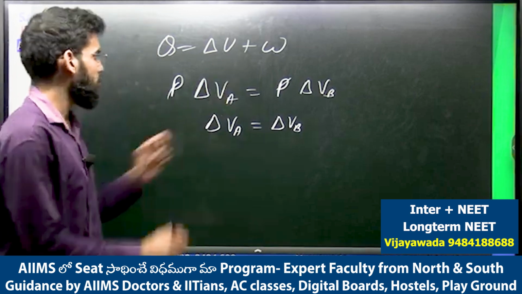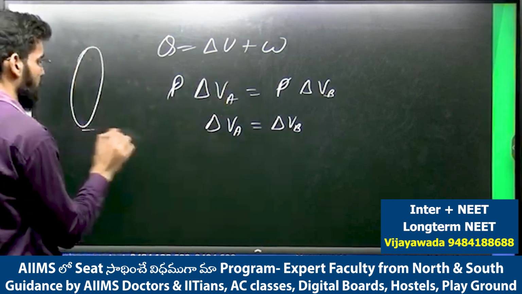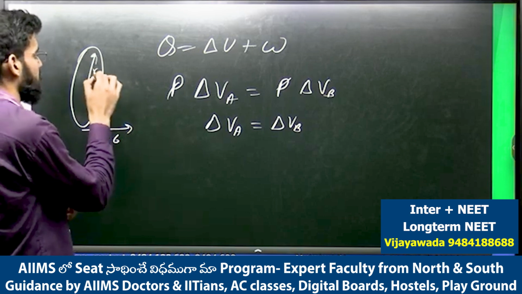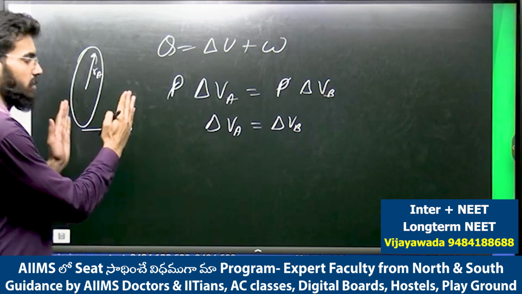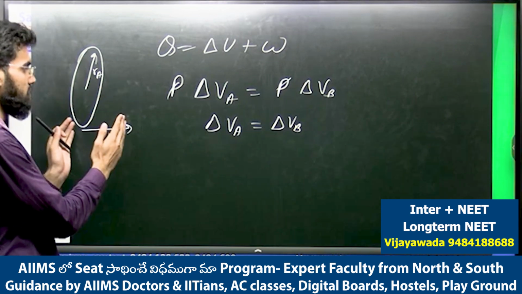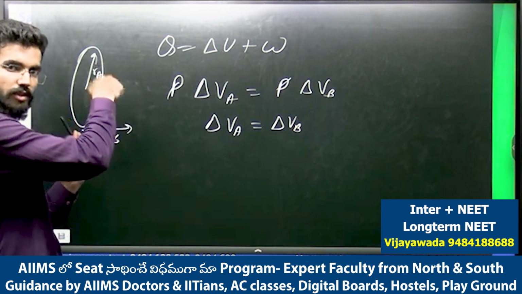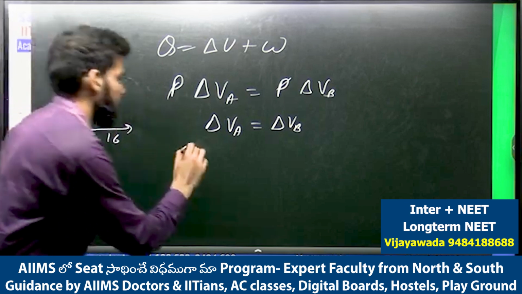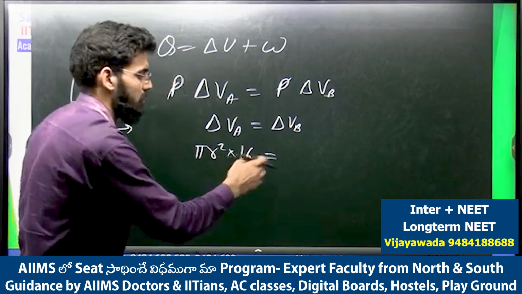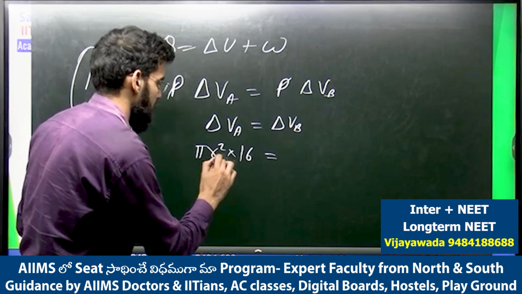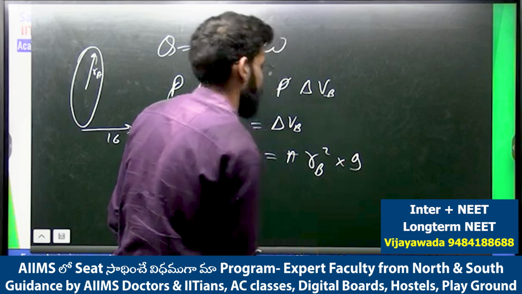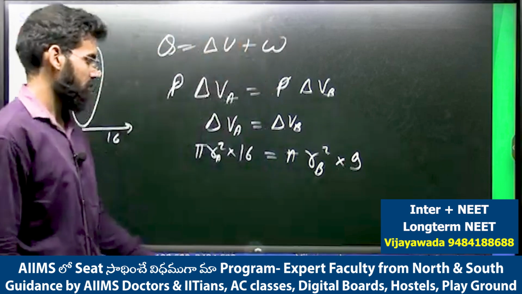The circular piston moved 16 and 9 centimeter in the two cases. From here the piston moves outward 16 centimeters, so the length change is 16, and area of cross section into length is the volume. So here you can say pi RA square into 16, and don't change the unit, centimeter will come here also, and here pi RB square into 9. Got it?